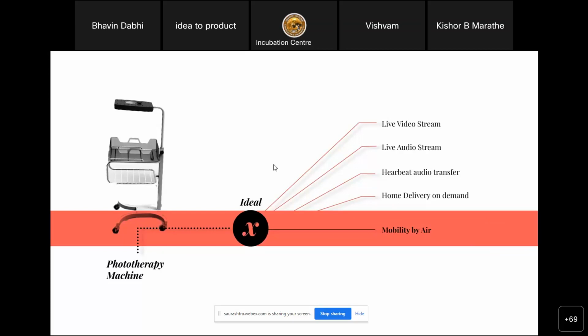Even if we can make that of the next 25 years, it is a winning shot kind of scenario. So don't define the warmer or phototherapy machine or anything of today. Try to define all these things of the next 100 years, next 50 years, next 25 years. Try to achieve most of it in today's scenario. And how cost effectively can it be done?